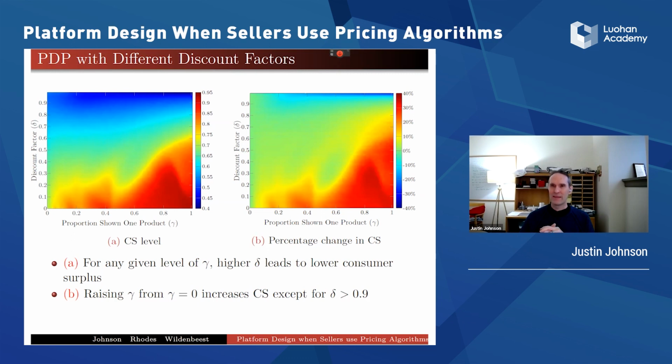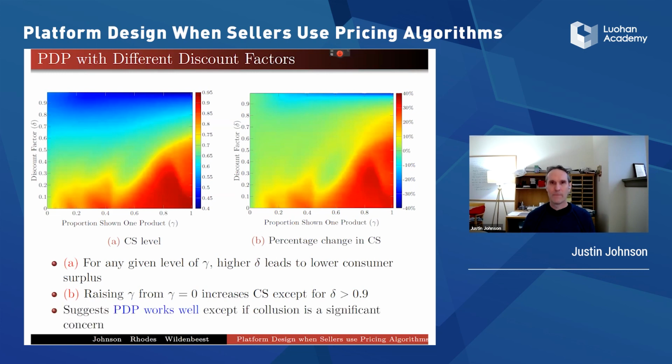And what that means is that there's some value of gamma that actually benefits consumers. And this is true unless delta is greater than 0.9. So in other words, if delta were lower than 0.9, there would always be some gamma that the platform could choose such that prices fell enough to overwhelm the variety loss and make consumers better off.